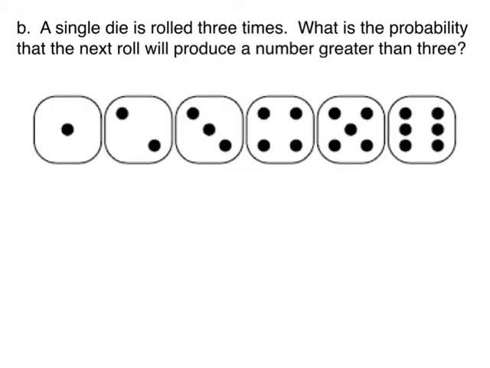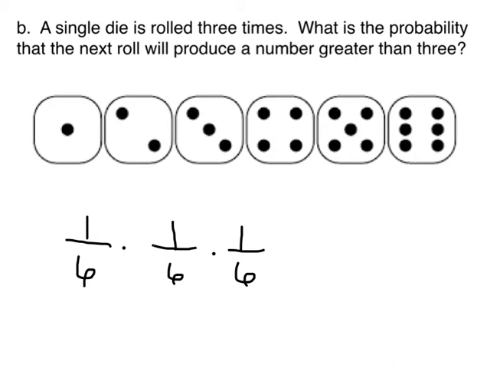Alright, here we have a single die, so we know that our fraction is going to be something over 6. It's rolled 3 times, so times something over 6, times something over 6, 1 over 6. So what's the probability that the next roll will produce a number greater than 3? Well, how many chances do we have?